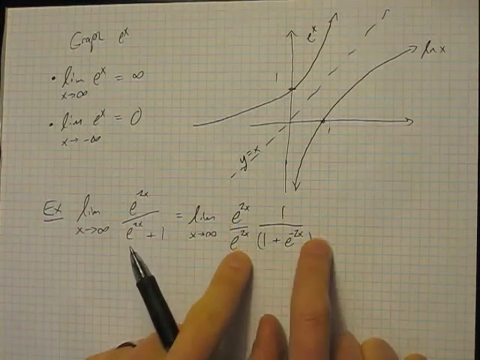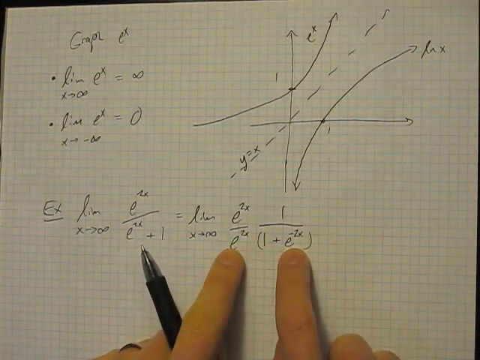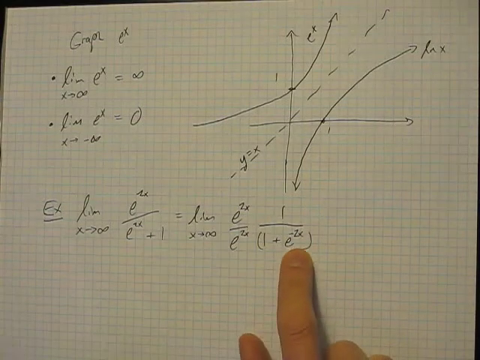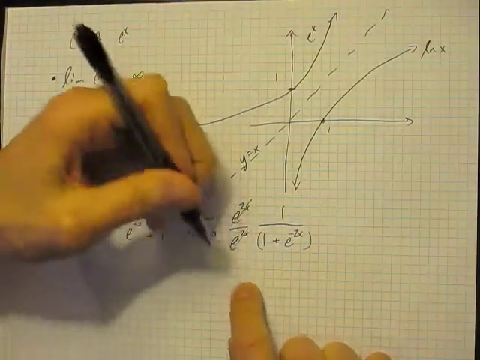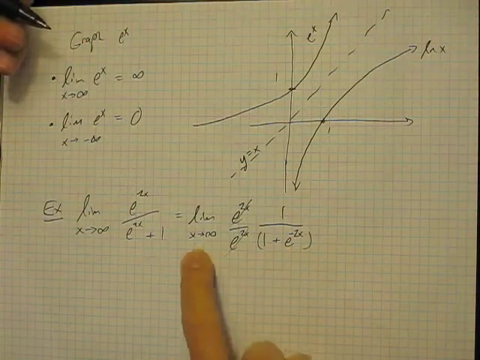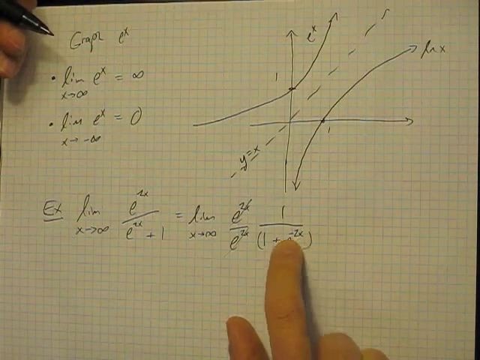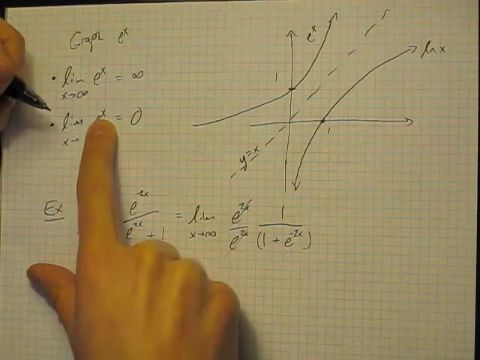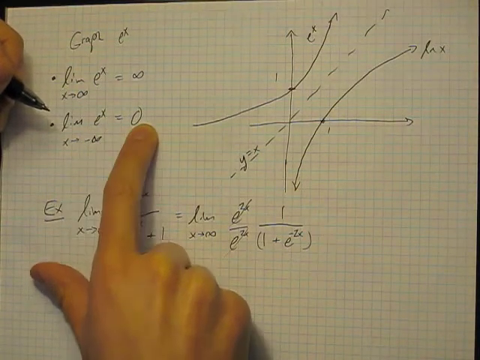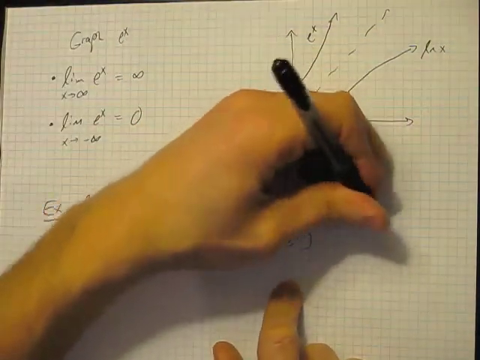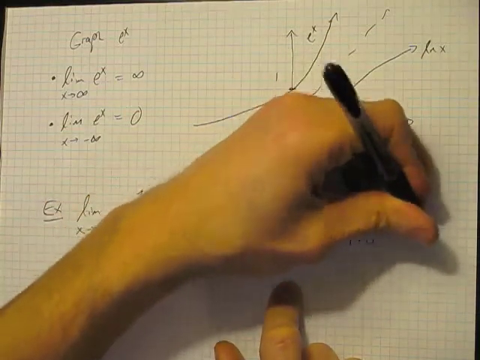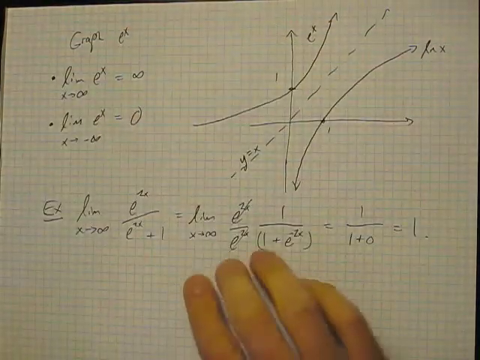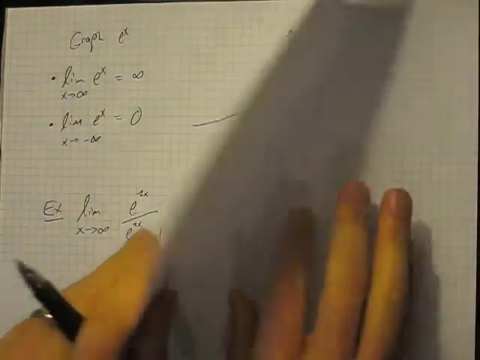Notice here, e to the 2x times e to the minus 2x, they will cancel each other out. And now, as x goes to infinity, minus 2x goes to minus infinity. And so we use the property that if you take the exponent to minus infinity, you get 0. So this will be 1 over 1 plus 0, so it's 1. Okay, so there's that computation.